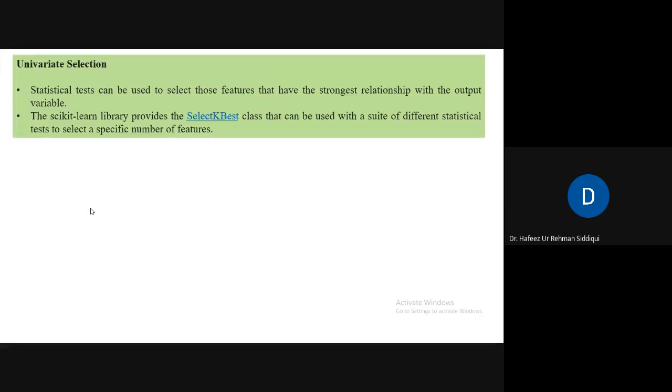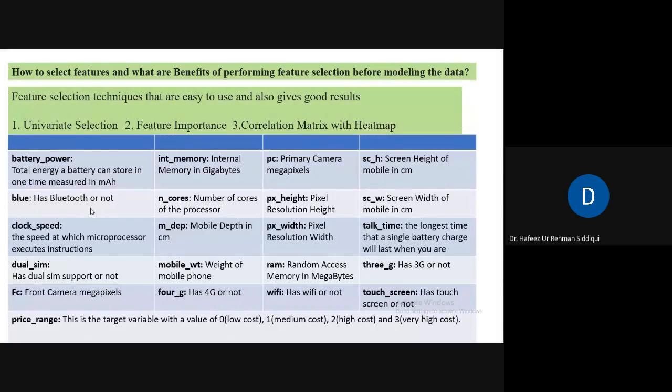So let's move forward. So univariate selection. Statistical tests can be used to select those features that have the strongest relationship with the output variable. Okay, so we have output variable and input variables. So these are all input variables. We will take only those input variables that have a strong relationship with the output.